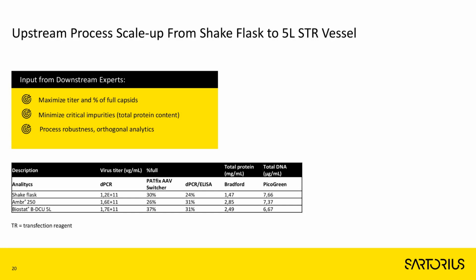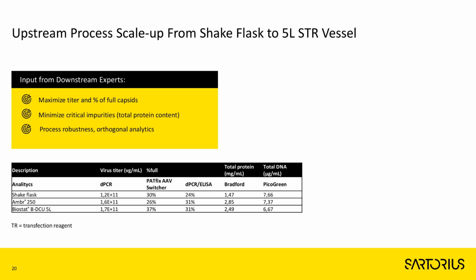The next example that I would like to give you is how we used PATfix AAV Switcher together with other analytical methods to scale up our upstream process. So this was our old process before we incorporated Factovir AAV transfection reagent and helper plasmid previously mentioned.